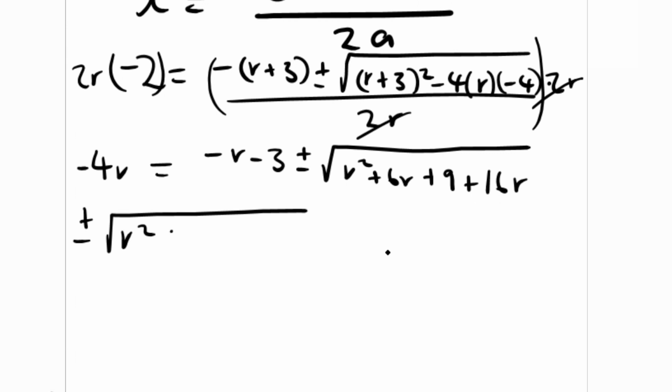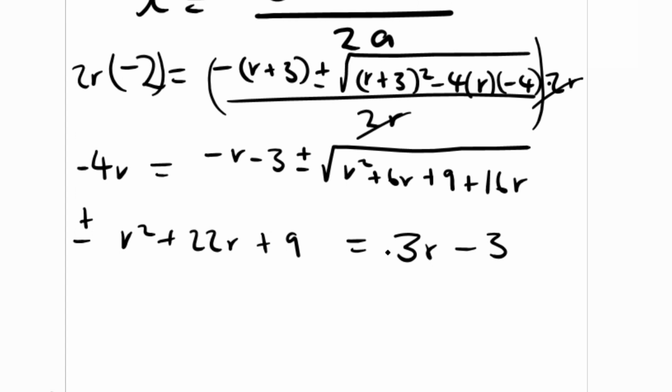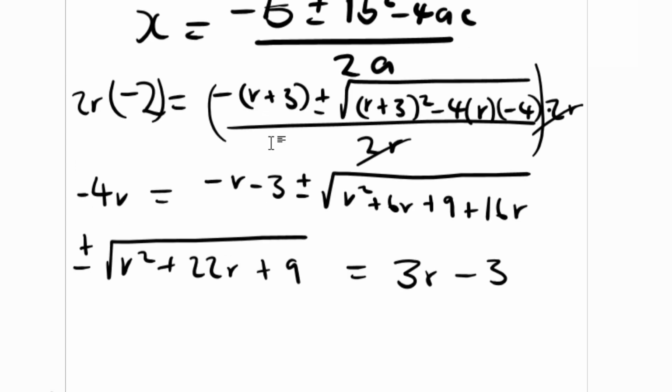So we just write plus 22r there, and then plus 9 equals to minus r plus 4r, that is plus 3r minus 3, the constant that is minus 3 here, and then from here we can square both sides to remove this square root. Now let's remove the square root.